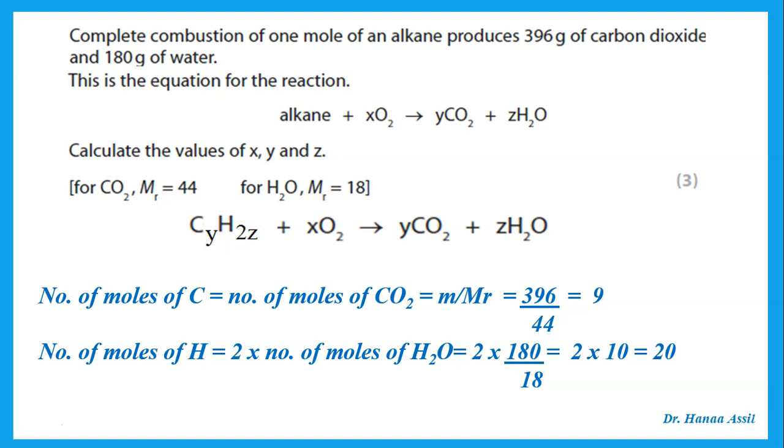So 20 is the number of moles of hydrogen, and that means my formula was C9H20 to give 9 moles of CO2 and 10 moles of water. Of course, to balance, the number of moles of oxygen would be 14, and that is the value for X.